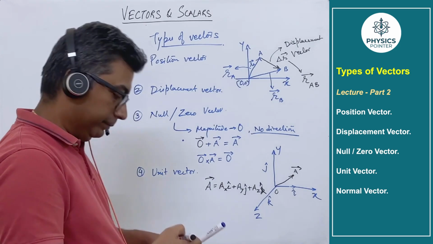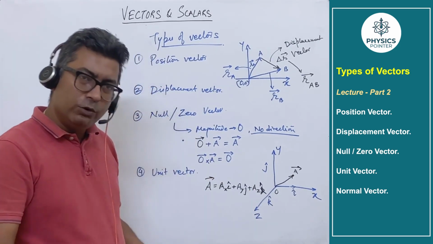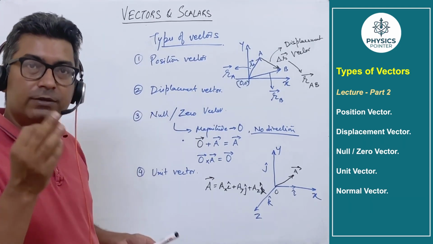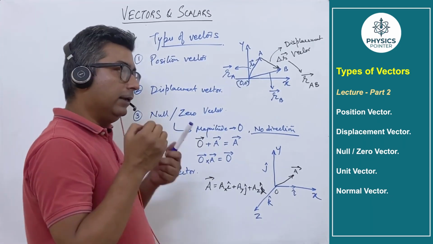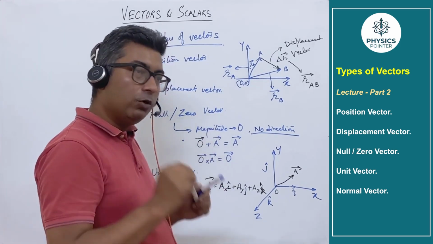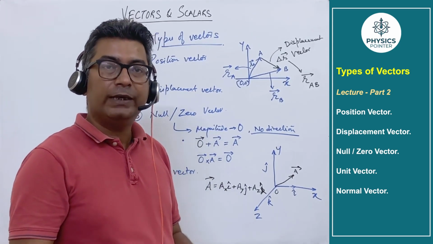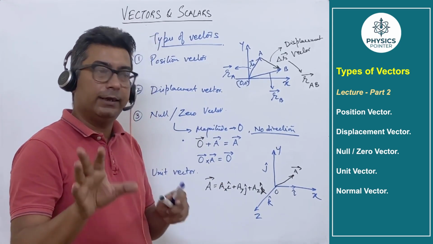I, J, and K. We denote it as a unit vector. What is a unit vector? It has a fixed direction and it has a unit magnitude, that means 1. So we use it only to denote a direction. The purpose of a unit vector is to denote a direction.